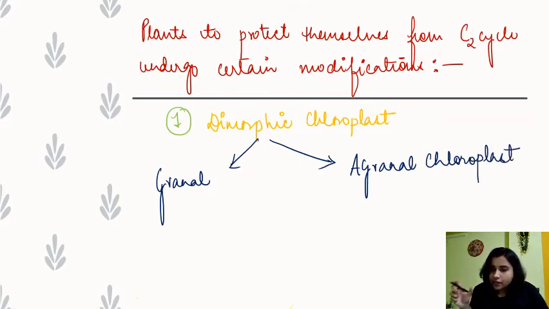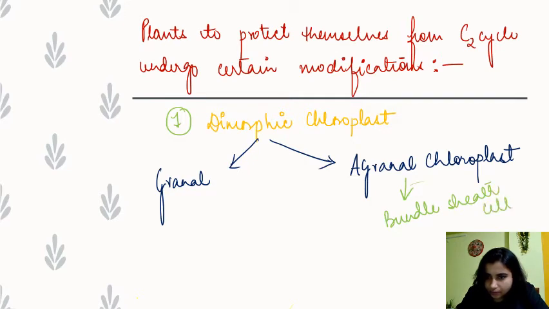The agranule chloroplasts are found in the bundle sheath cells, but the granule chloroplasts are found in the mesophyll cells.